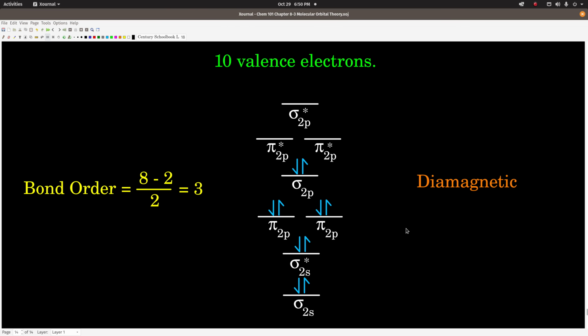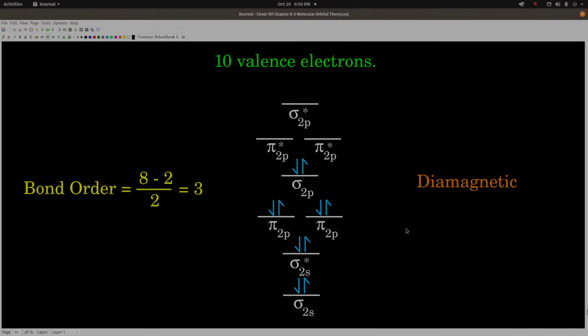But remember, we have these 3, maybe 4 theories now: Lewis theory, valence bond theory, hybridization theory, and molecular orbital theory. We don't say one is better than the other. Just in some situations one works better than the others, and we choose that one. So we get to choose whichever one we want based on which one works better for us. And that's all there is to it, guys.